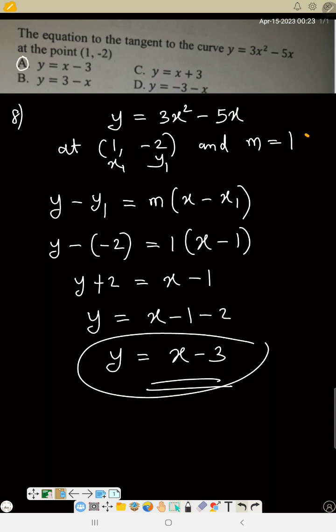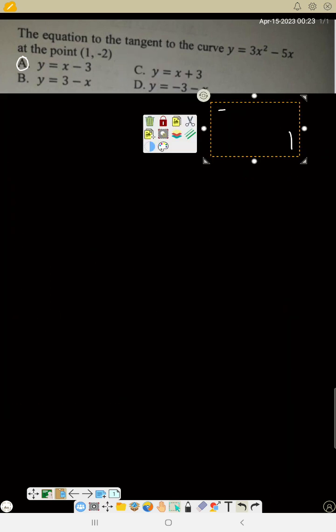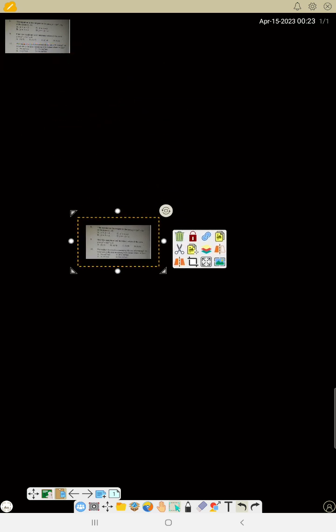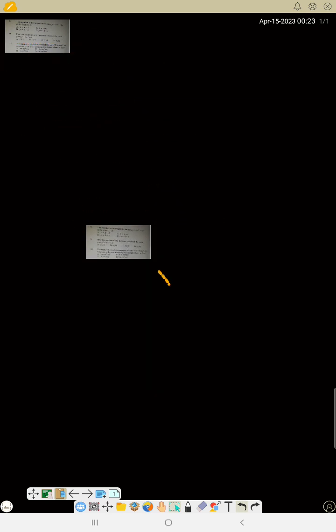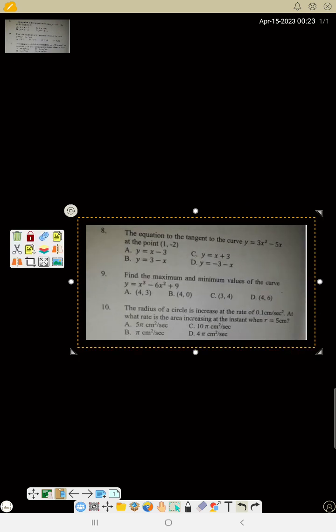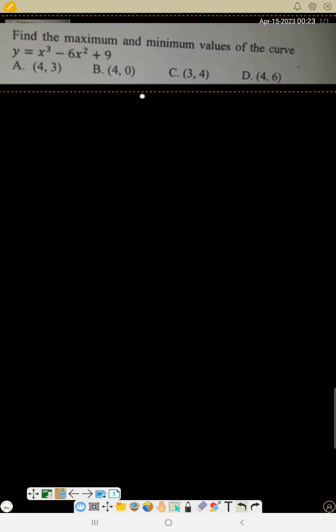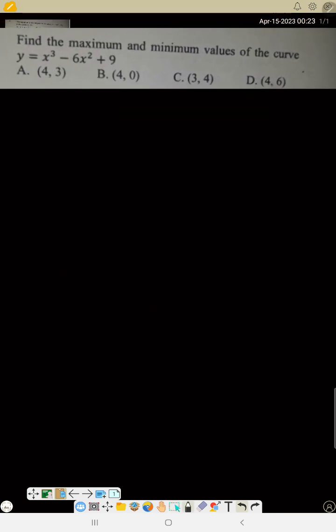So let's say number 9. Number 9. Find the maximum and minimum values of the curve.